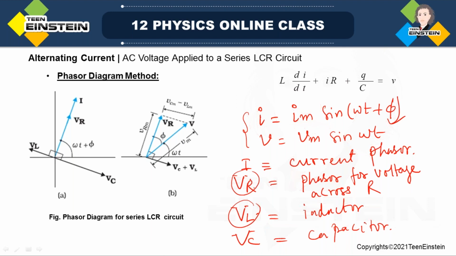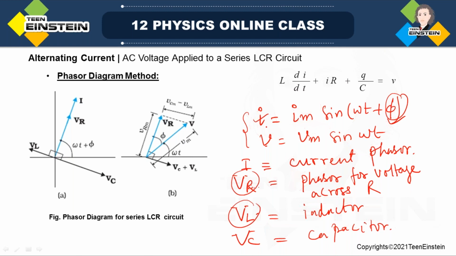And in the resistor, the current and the voltage are in the same phase. That means the applied voltage and the voltage drop across the resistor will have the same phase difference phi.